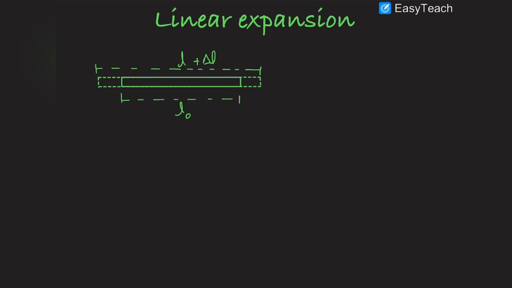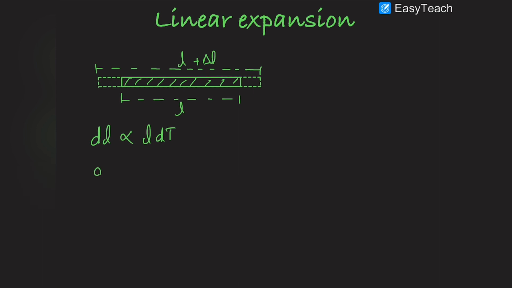You can see this is a rod which has some initial length L naught, and let us suppose the initial temperature was T naught, and at some higher temperature T, the expanded length is delta L, and therefore the total final length is L plus delta L. It is experimentally observed that the small change in length due to thermal expansion is directly proportional to the original length as well as the change in temperature dT.